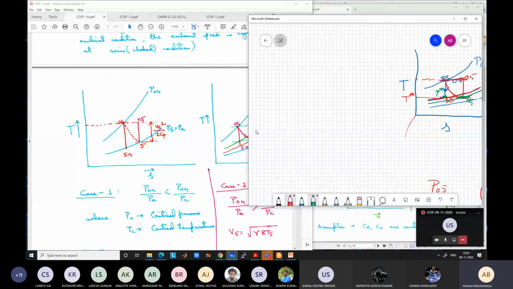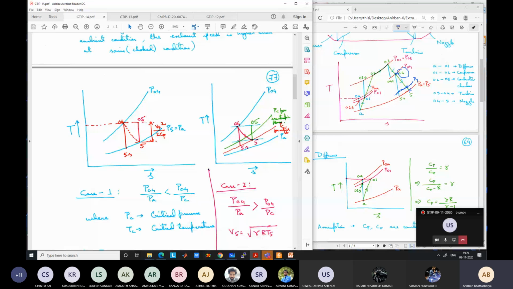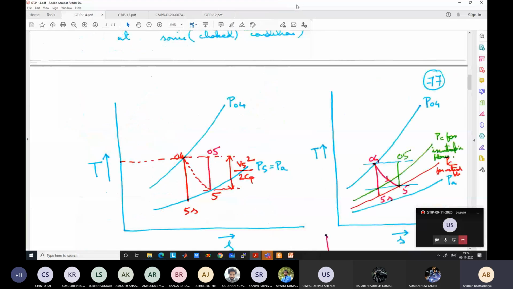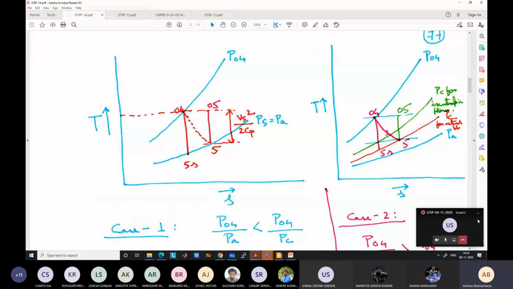This 5s point is not the same as this 5s, what I have drawn here. Okay, so I was describing this 5s. What I have drawn is this point there. So I will just show you in a bigger format so that everyone is clear about this.